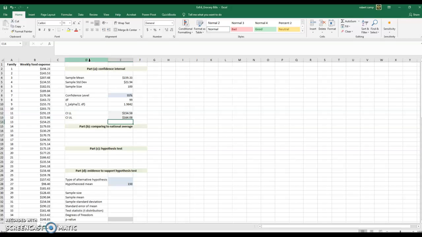So we have 95% confidence that our values are going to end up between $154 and $164 for their food bill. What does that tell us?